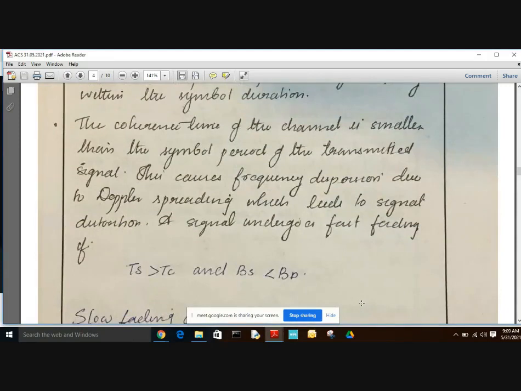The signal undergoes fast fading if Ts, the symbol duration, is greater than Tc, the coherence time of the channel, and if Bs, the transmitted signal bandwidth, is less than the Doppler shift.